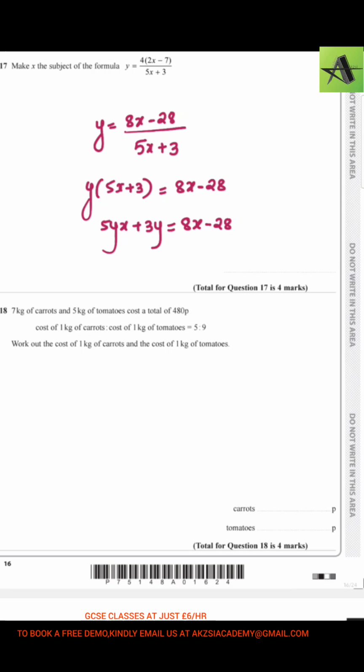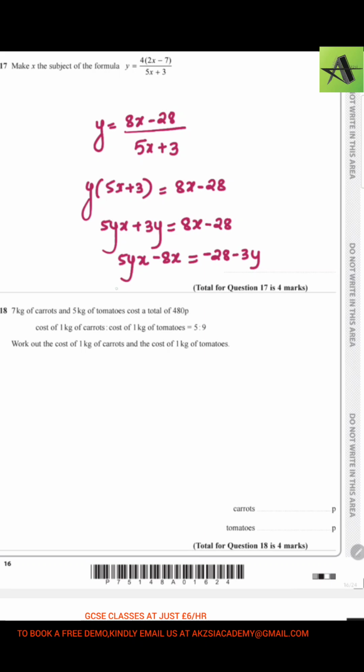So I'll write it like this, 5yx, and now bringing x to the other side, that means bringing x here, so it will be minus 8x. And this 3y will go there because we don't want it. So it will be minus 28 minus 3y.